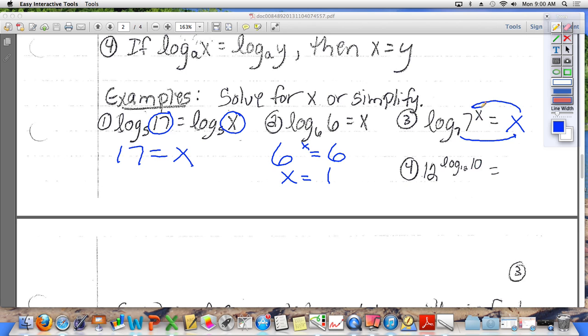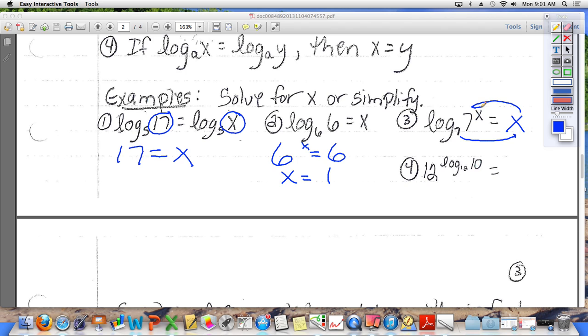12 to the log base 12 of 10 power. Look above. What did it say about that? Isn't it number 3, the property right above?